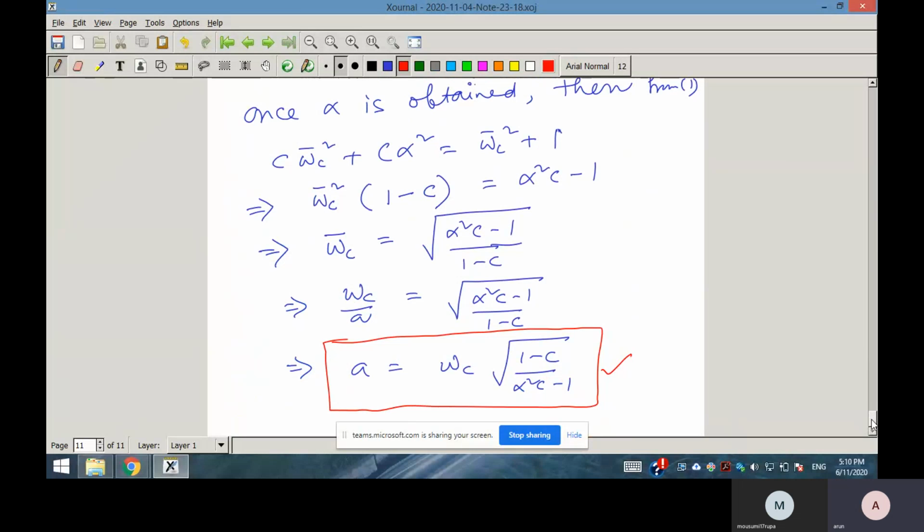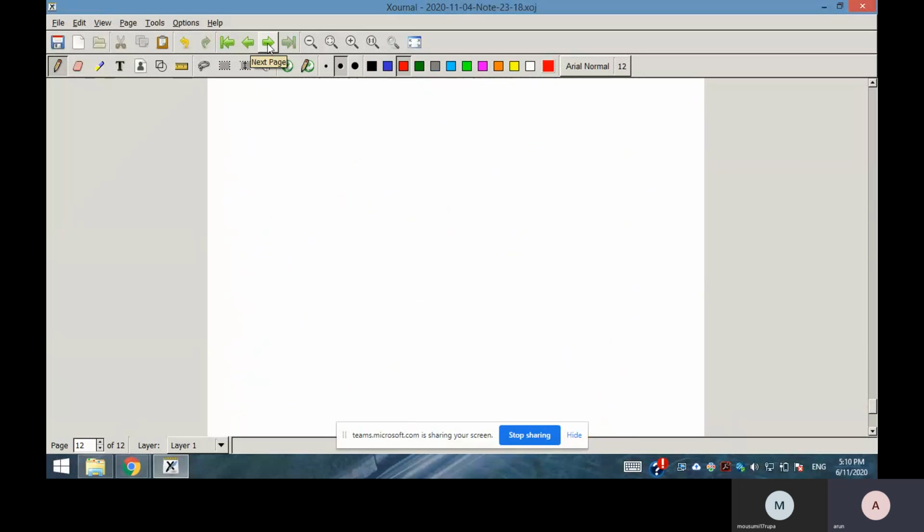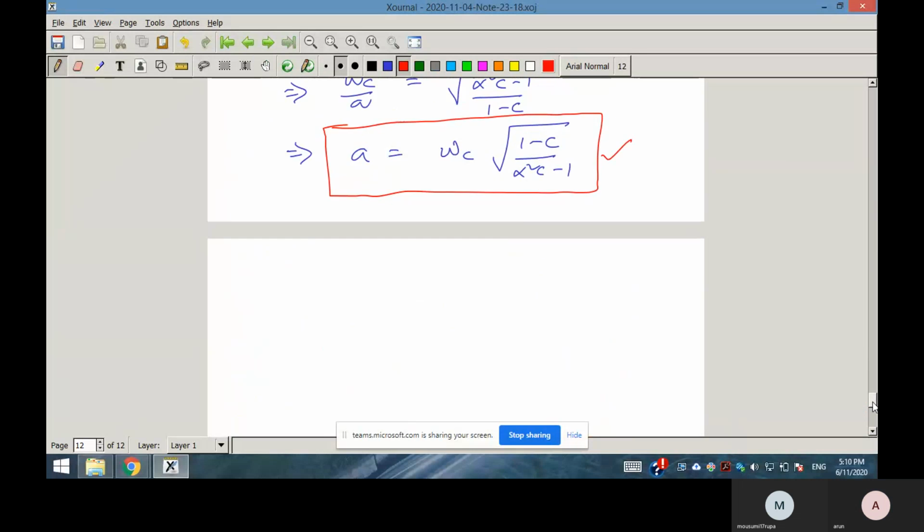As alpha beta equals 1, beta you can directly find as 1 by alpha. Now what is your B? To find B, if alpha is known, first the lead part you have to find out, then the lag part corner frequency B you can find out.